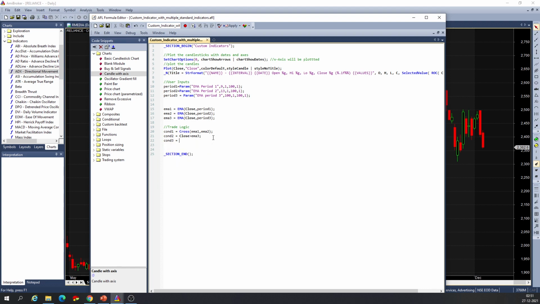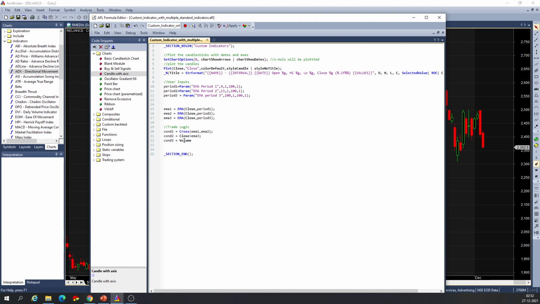Now, condition 3 could be volume based. Here we can do different things, but just to keep things simple, we are going to have a condition where the current candle volume is greater than the 20 period volume moving average. The volume we can write either V, which is also stated here as the volume array, or you can just write Volume.